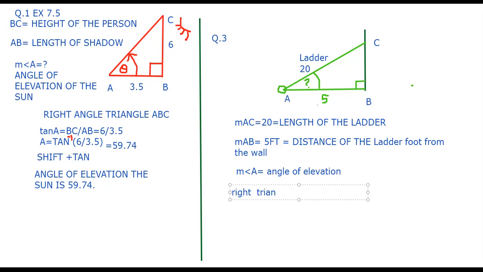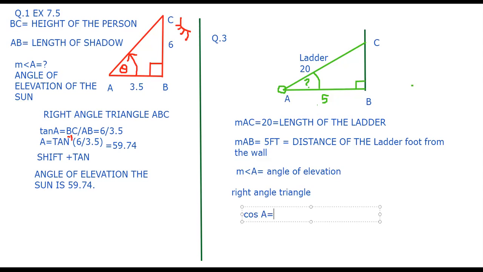In this right angle triangle, because you can see that hypotenuse is given, base is given, we will be using cos, fine, trigonometric ratio. We will use cos A.